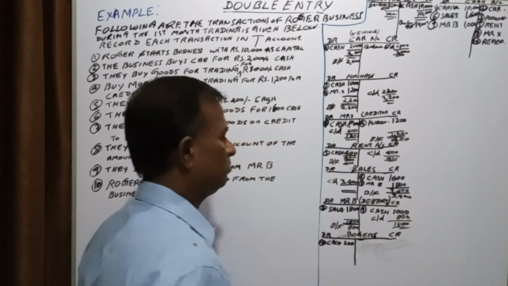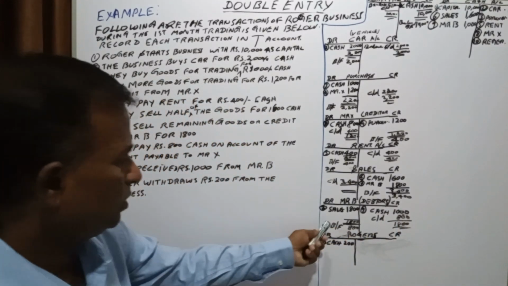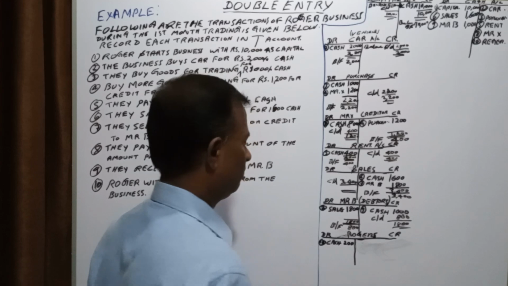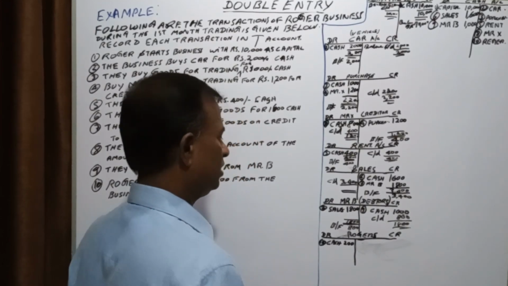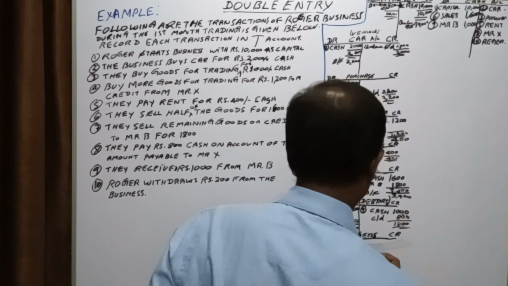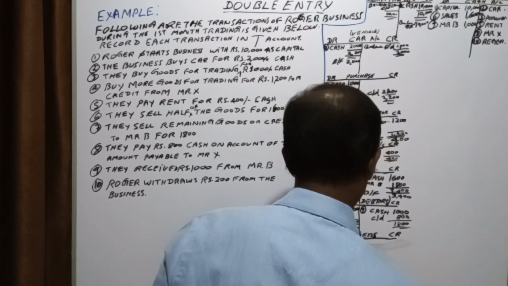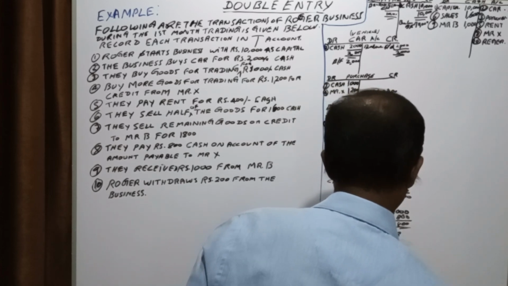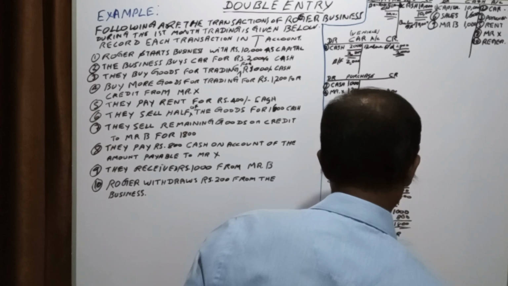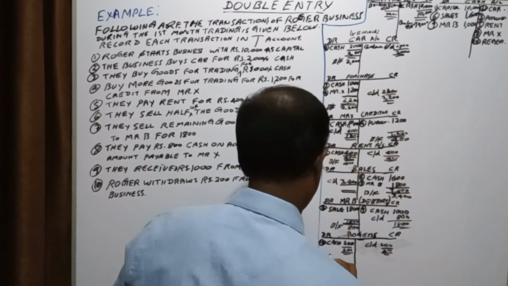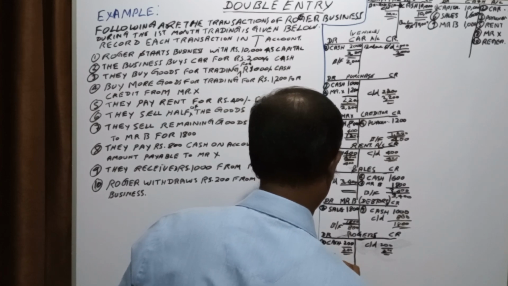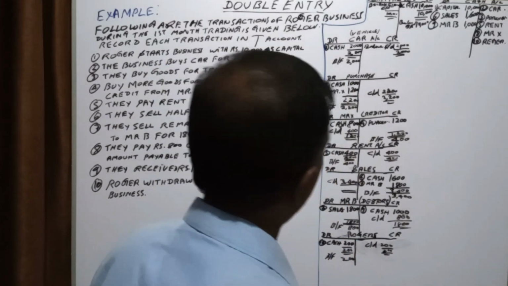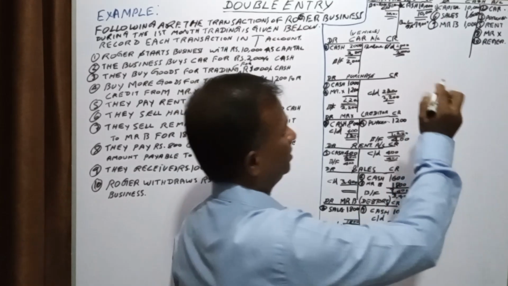Brought forward is 800, for the new month. The end of month balance will be the beginning. Then Roger's drawings account, this is 200, also 200. Carried down balance 200, brought forward balance 200.